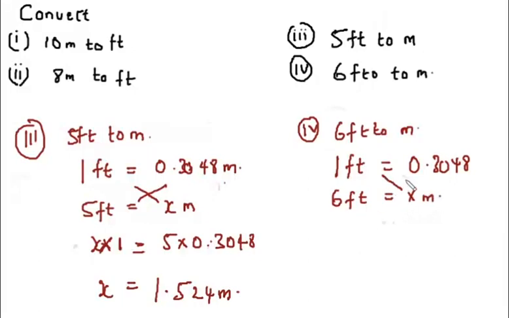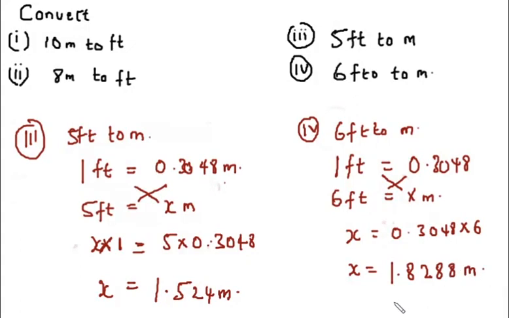We cross multiply here, and x is equal to 0.3048 times 6, so x is equal to 1.8288 meters. That's how you convert feet to meters and meters to feet.